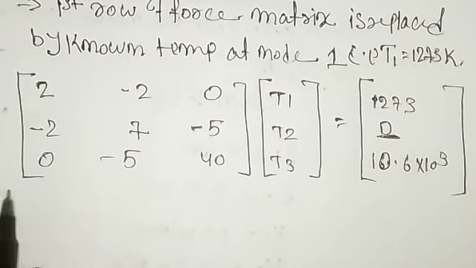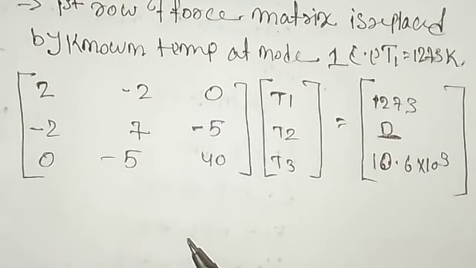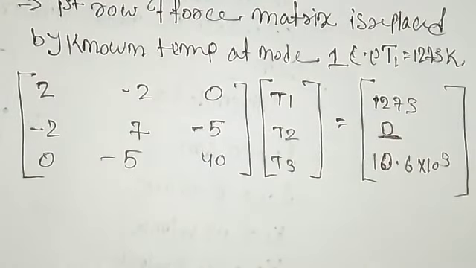So we can say the second row, first column of the stiffness matrix K is multiplied by the known temperature at node 1, right?